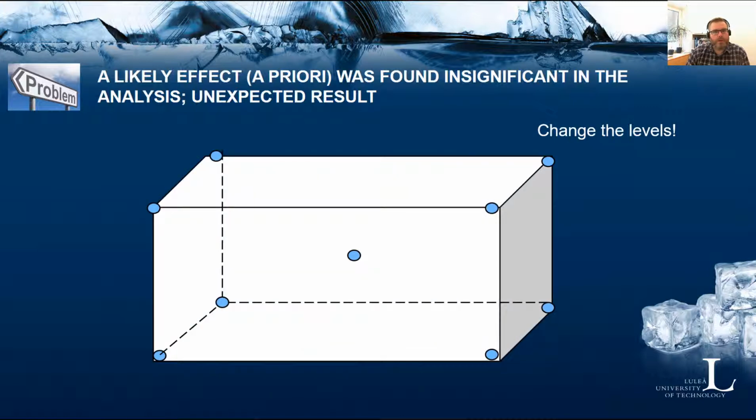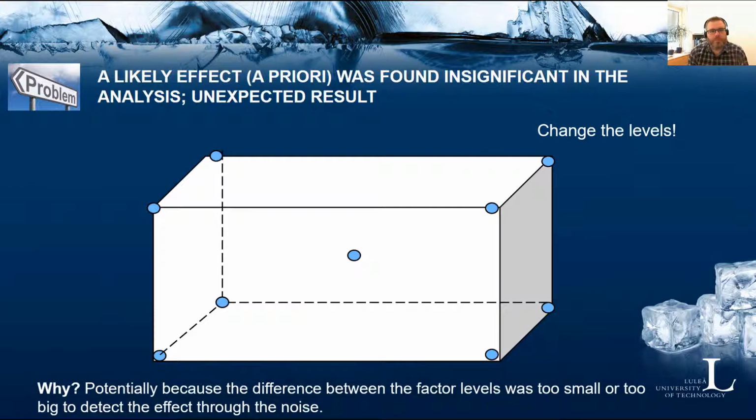And why is that a potential solution? Well, potentially because the difference between the factor levels was too small or too big in the original design to be able to detect the effect through the noise. So that's one way forward, is to change the levels.